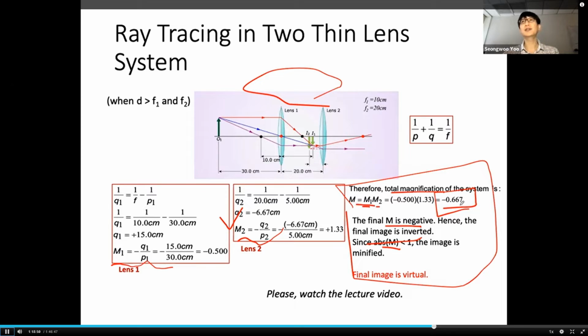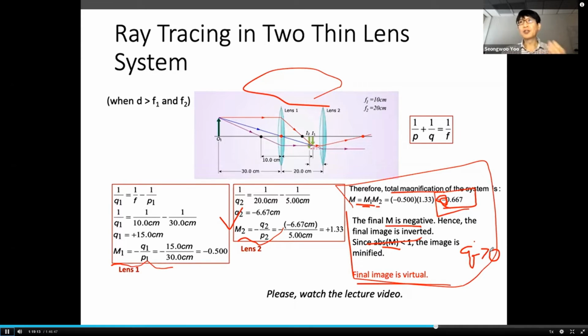This magnification is a negative value, which means this image is real, because negative magnification means Q is positive. So you now conclude that the final image must be a real image, but unfortunately it's not.